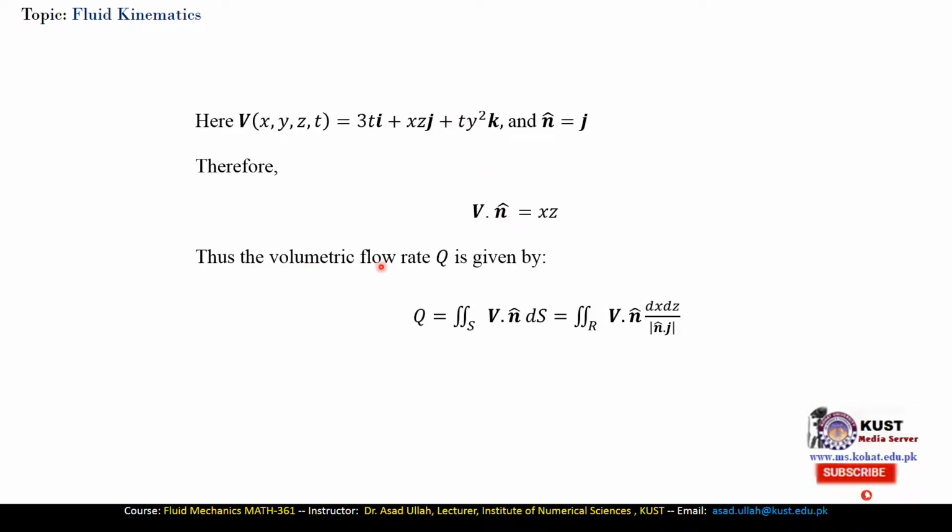Thus the volumetric flow rate Q is given by Q is equal to the surface integral of v dot n dS. So we can write the surface element dS as dx dz divided by the magnitude of n dot j.